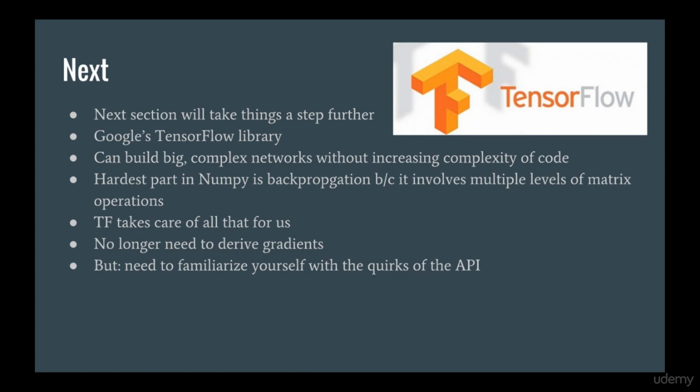In TensorFlow, you'll see that the library takes care of all that stuff for us. So TensorFlow is very beneficial in that regard. It takes the hard work out, since we no longer need to derive the update equations and implement them directly. At the same time, there isn't now a one-to-one correspondence between the theory and the code. So what that means is you'll need to familiarize yourself with the quirks of the TensorFlow API, which is not as straightforward as NumPy.